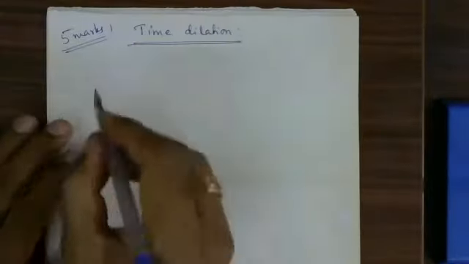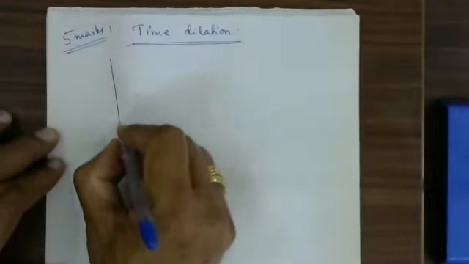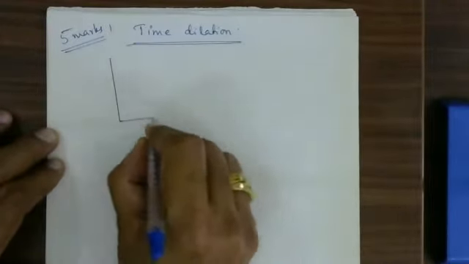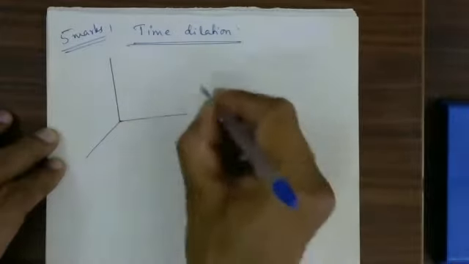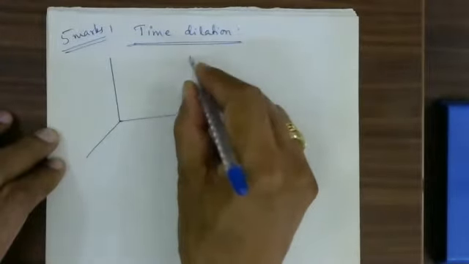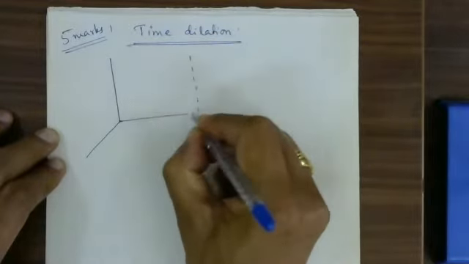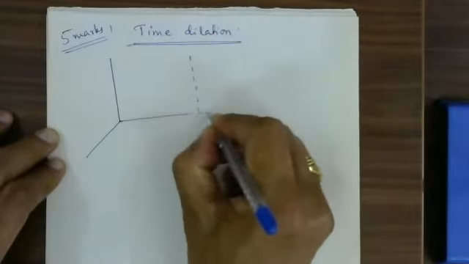Now let us consider 2 frames of reference as usual. I am writing the 2 frames of reference here. One frame of reference is fixed, which is not moving. This is another frame of reference which is moving. The dotted line that I have written is the one that is moving. This is O dash, this is S dash.